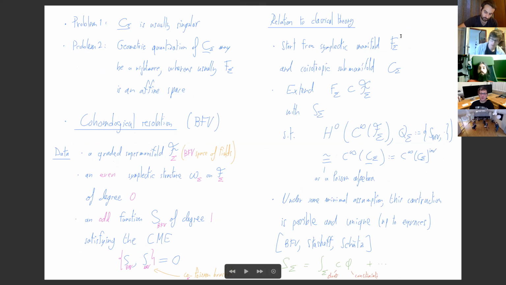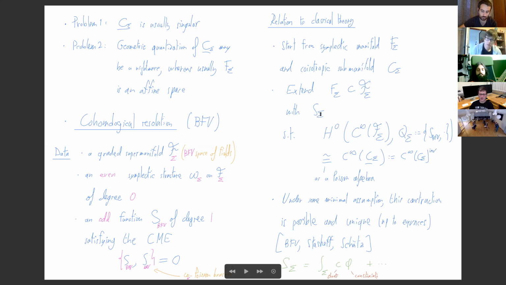So you start with some symplectic manifold, F sigma, and suppose that you have some coisotropic submanifold, C sigma. It means locally this is described by first-class constraints. Now you extend your classical symplectic manifold F sigma to some graded supermanifold with an even symplectic structure of degree 0, which contains F sigma as a symplectic submanifold. And you construct some function S sigma, or this S BFV here.